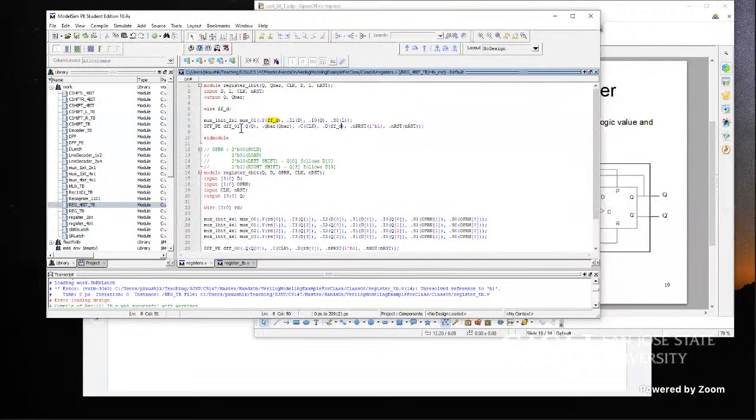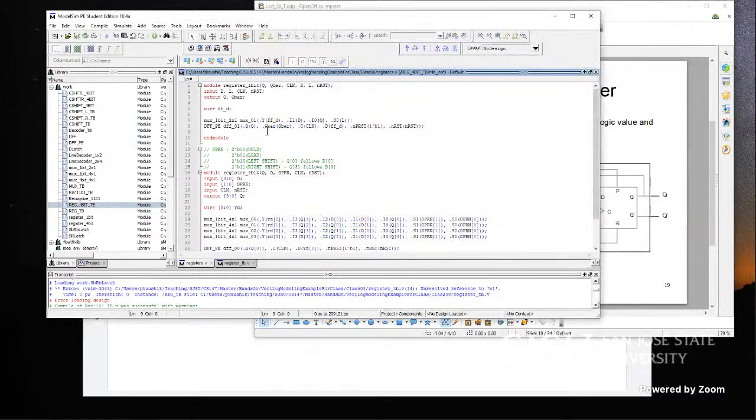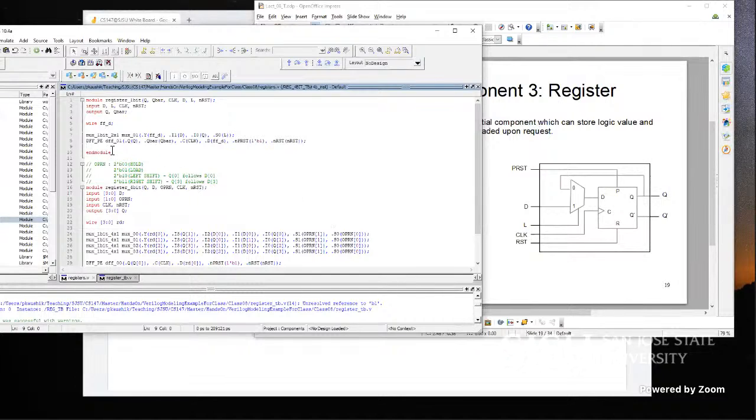Remember, last day we also defined a multiplexer. Let's say we have one 1-bit multiplexer, 2 input, 2 to 1. So like this, 2 to 1 multiplexer. And then we also instantiate one D flip-flop with a positive edge trigger. Whatever output comes out from the multiplexer is fed into the D flip-flop, just like this one.